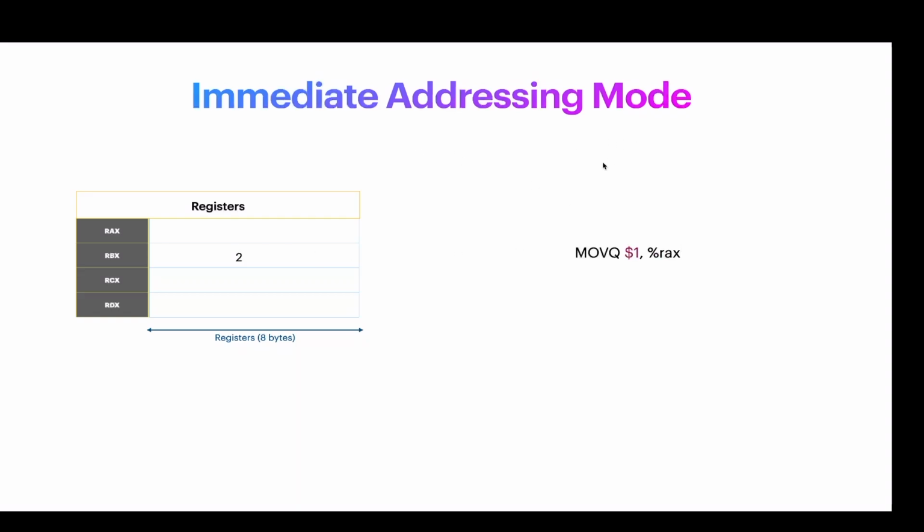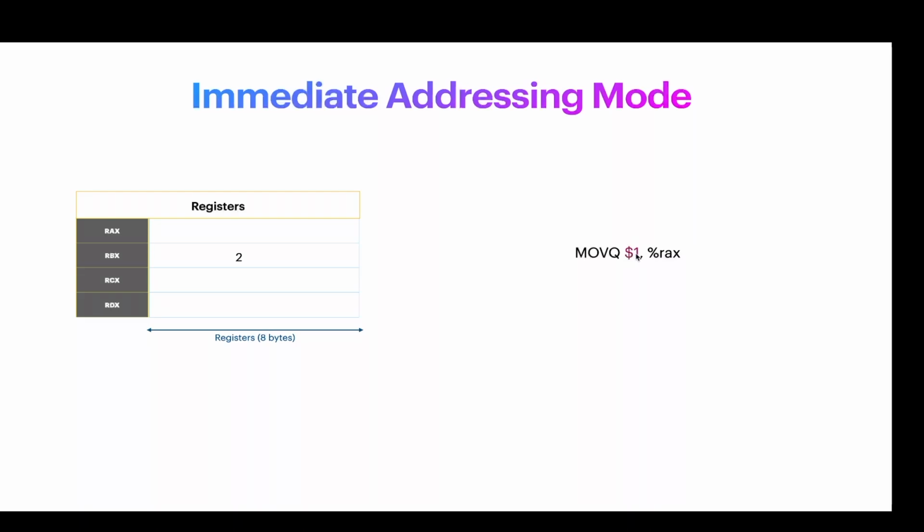So in the immediate addressing mode, this is an example. Move $1, where the dollar sign you can think of as a constant. So move $1 to RAX indicates move the number 1 to the RAX register. The reason this is called an immediate addressing mode is because one of the operands has data which is available as part of the instruction itself.